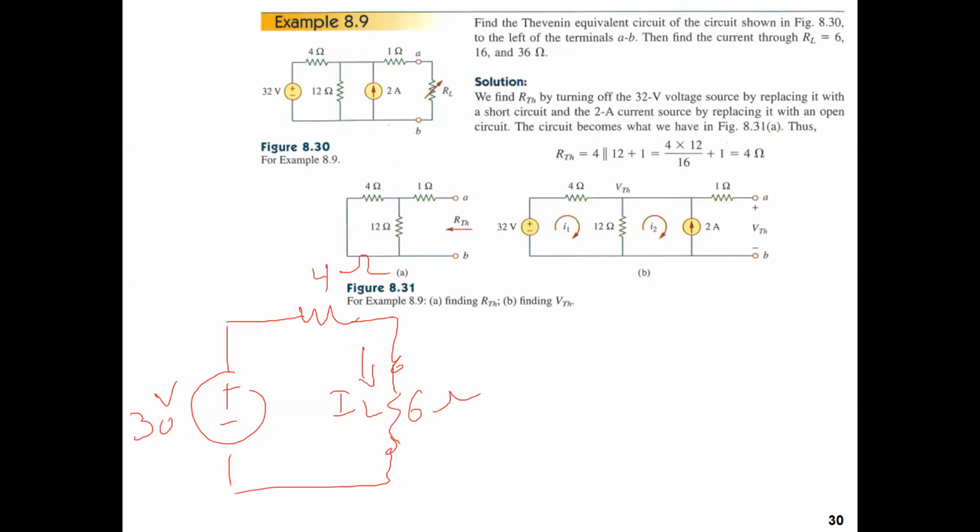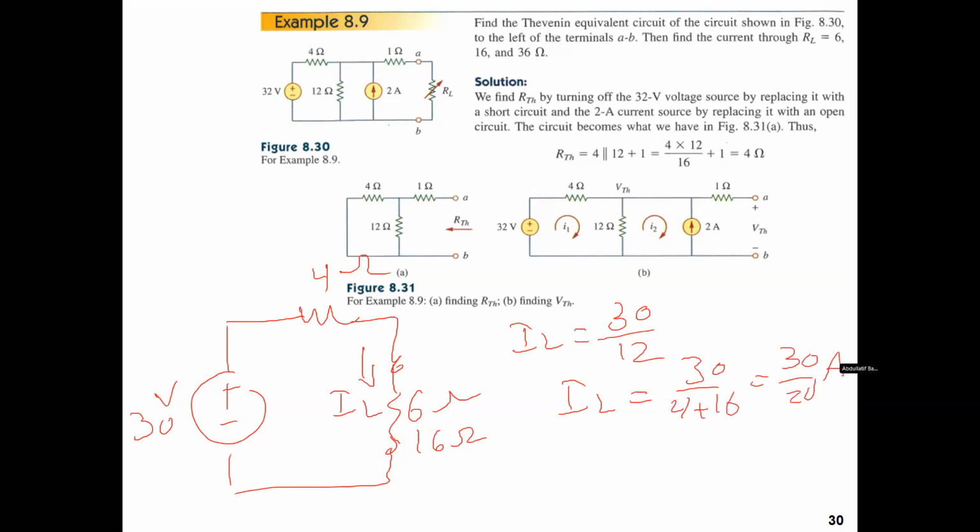So again, using Ohm's law, IL equals 30 over 12. And then when RL is equal to 16 ohms, the new IL will be 30 over 4 plus 16, so it will be 30 over 20 amps.